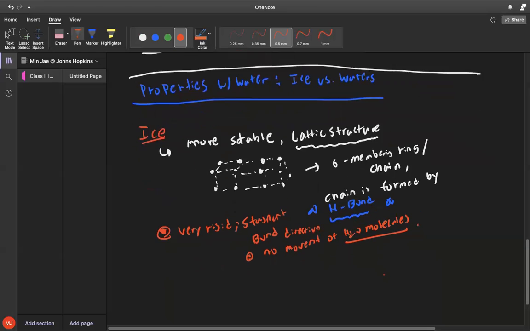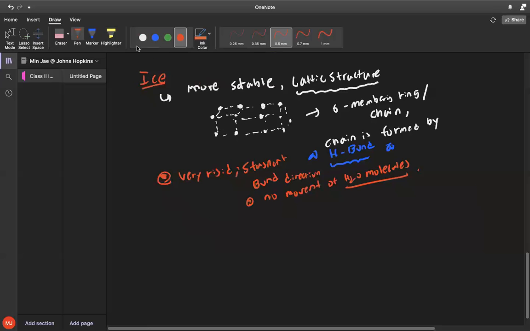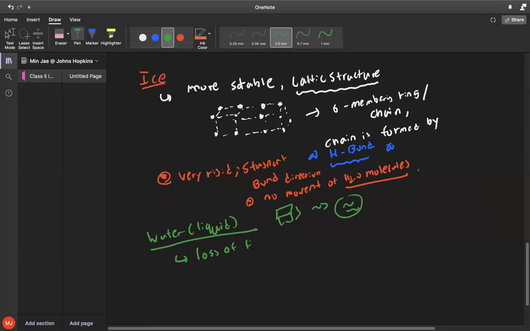Okay, now let's move on to the liquid phase, which is water. Since water is more fluid, kind of moving around, it loses that rigid structure that was specific to ice, which means there is actually a loss of hydrogen bonds.